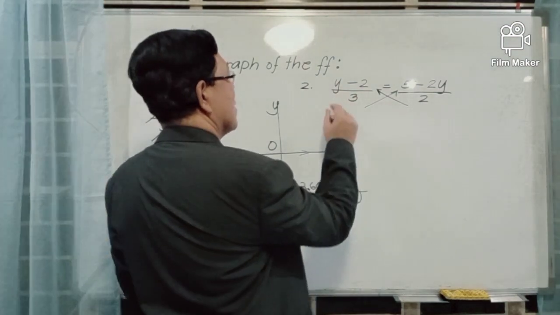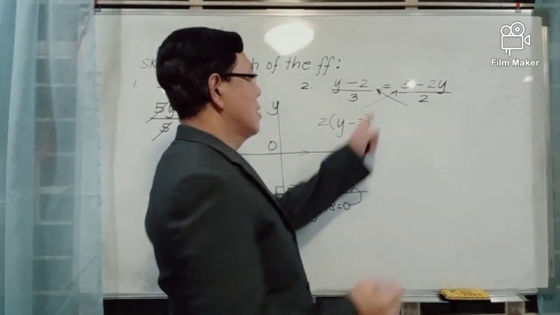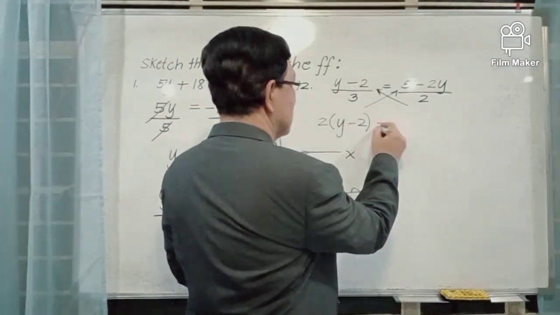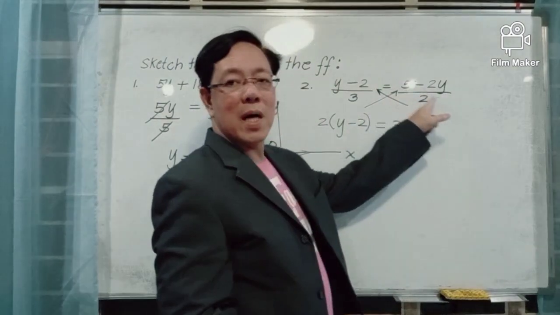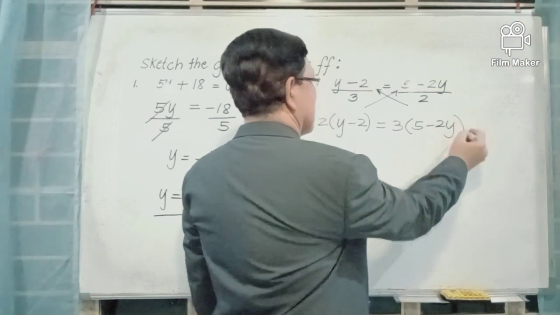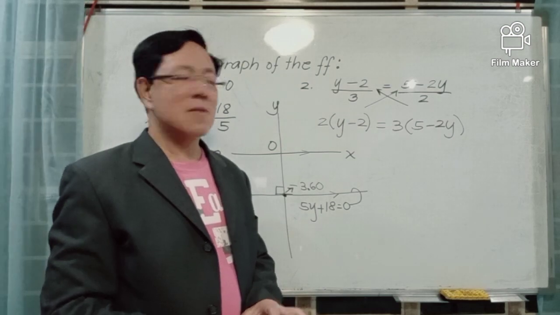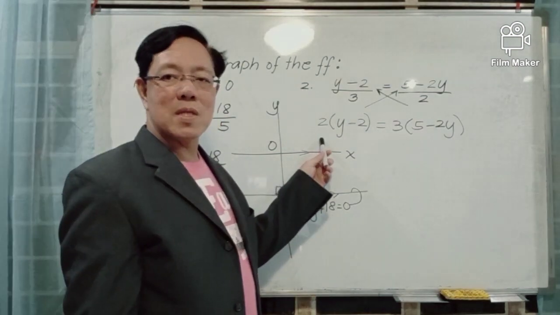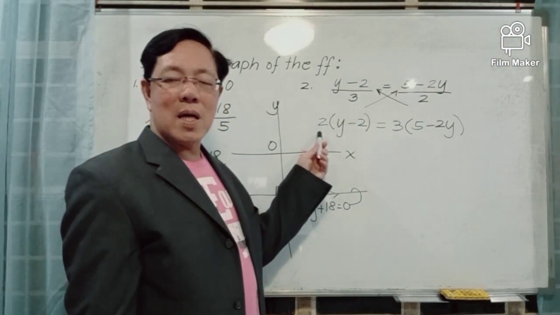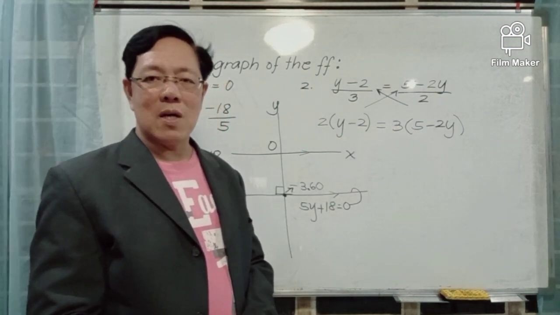We multiply 2 by y minus 2 equals 3, we multiply by 5 minus 2y. Again, so we have eliminated the denominators, but we still have grouping symbols in the equation. Thus, we remove the grouping symbols by applying the distributive property of multiplication over addition or subtraction.